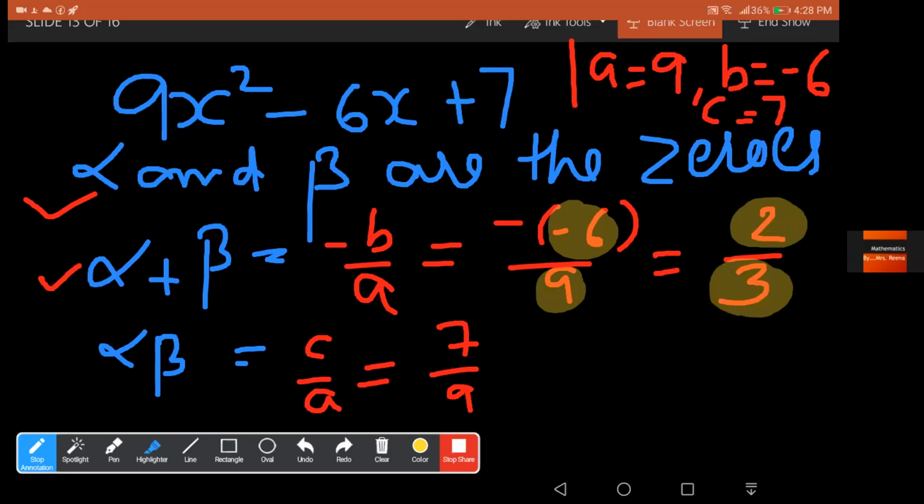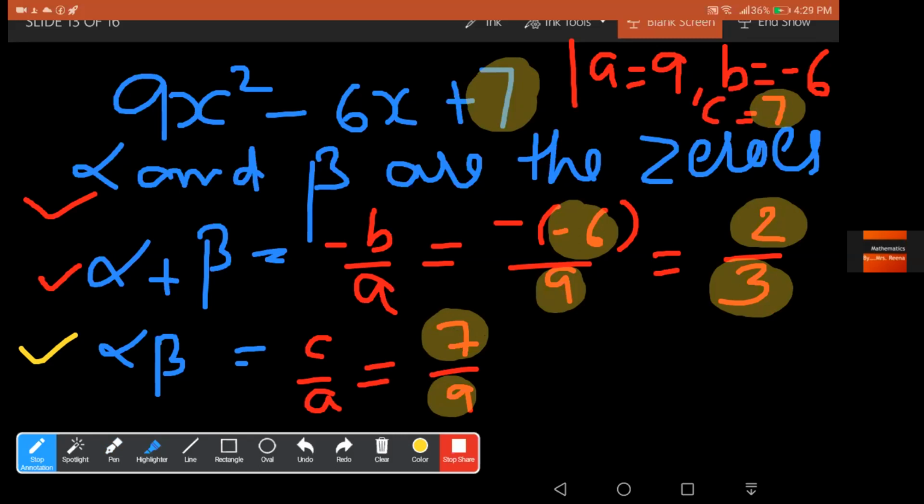So sum of zeros will be 2 upon 3 for this given polynomial. Product of zeros, अगर मैं बात करूँ product of zeros की, so it will be c upon a. c is 7 here. So 7 upon 9. So this is sum and product of the zeros of the given polynomial.